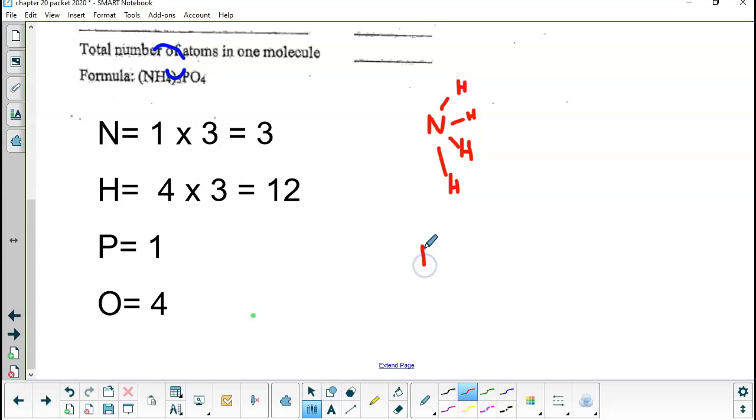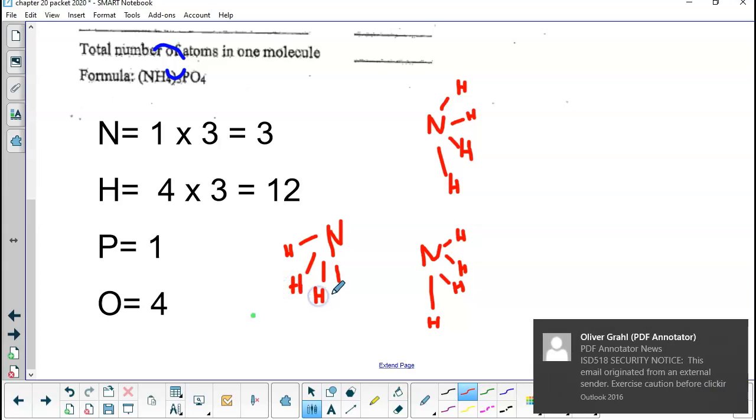I gotta draw 3 of those whole things. So here's another one, an N with 4 H's attached to it. And then here's another one over here, an N with 4 H's. 1, 2, 3, 4. All right, so that takes care of our 3 groups of N's.